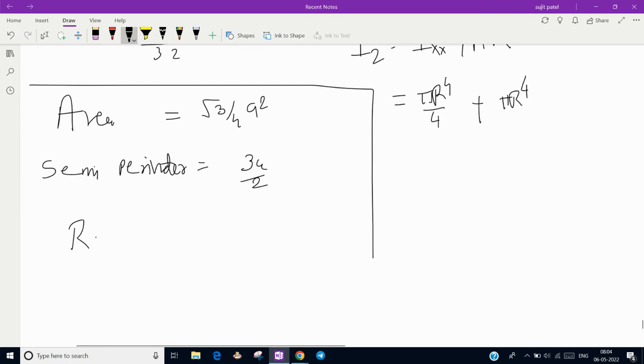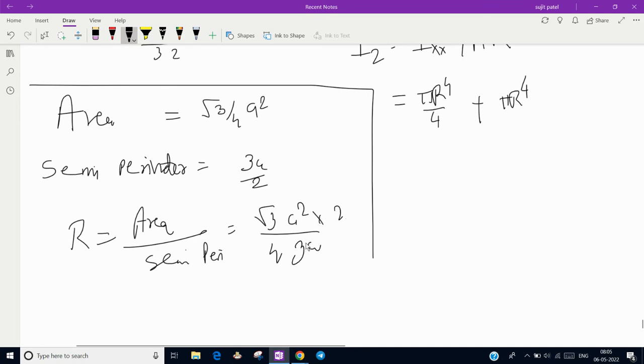So the radius of the circle is given by area upon semi perimeter of the triangle, not the circle but for the triangle. So root 3 by 4 a square into 2 by 3a. This one a will get cancelled, this 2 will get cancelled. So you will get the radius as a by 2 root 3. So the radius of this circle is a by 2 root 3.